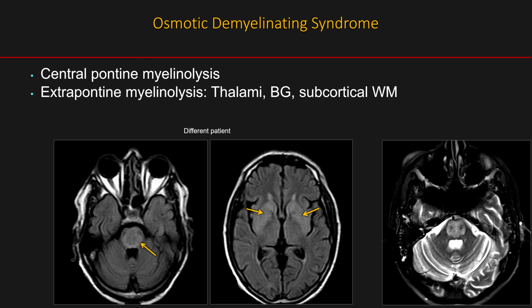It's often referred to as central pontine myelinolysis, but it's probably better to refer to it as osmotic demyelination syndrome in that 50% of the time you can have extrapontine involvement, such as involvement of the thalami, basal ganglia, as well as subcortical white matter. This is an example of somebody who has both, a different patient than ours.